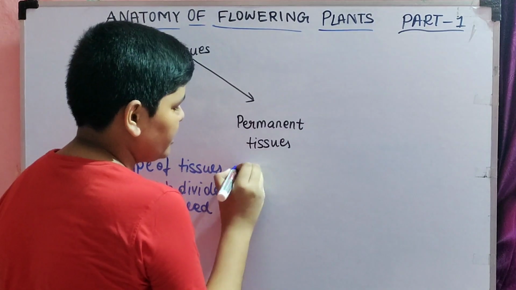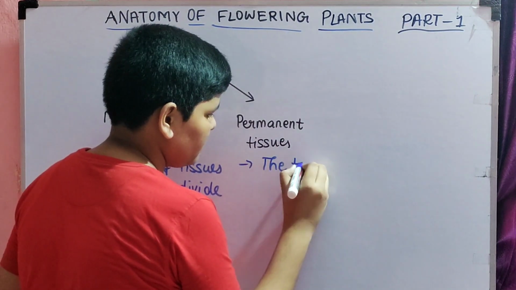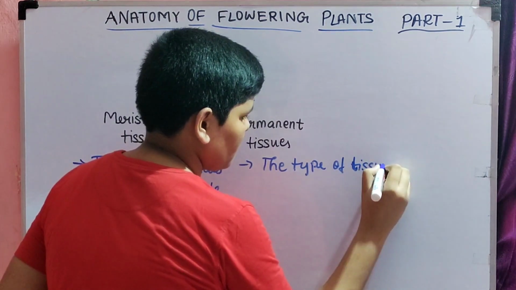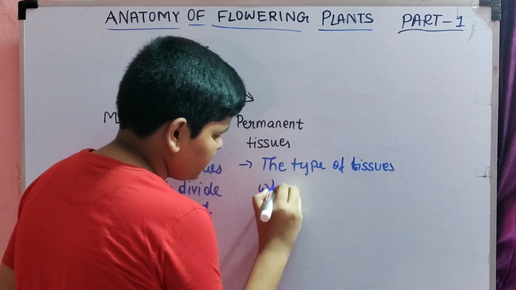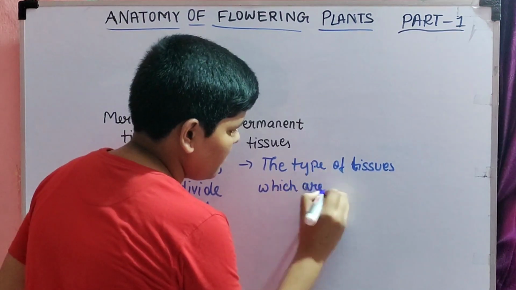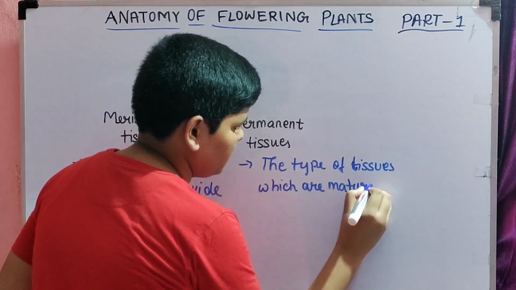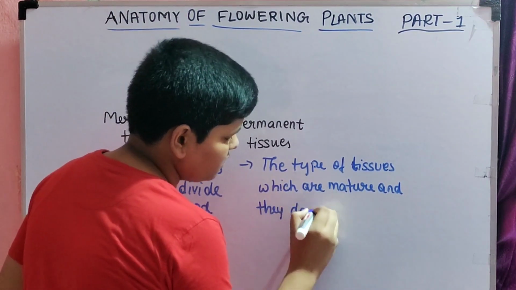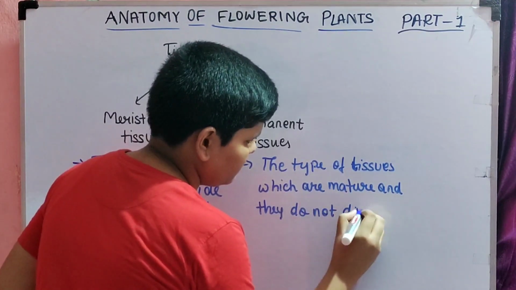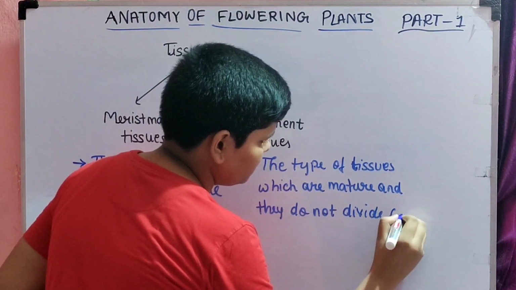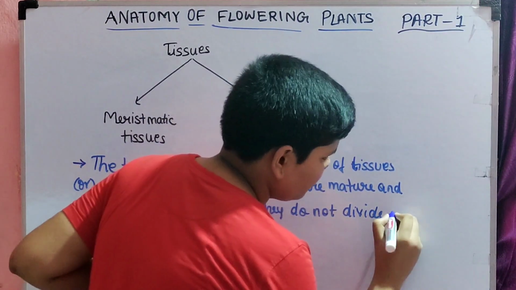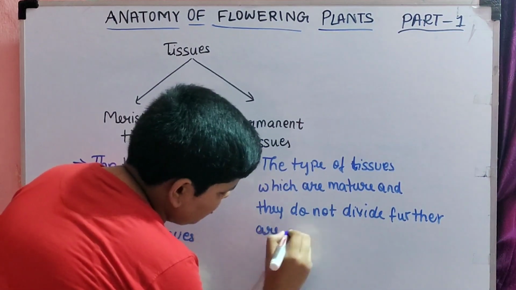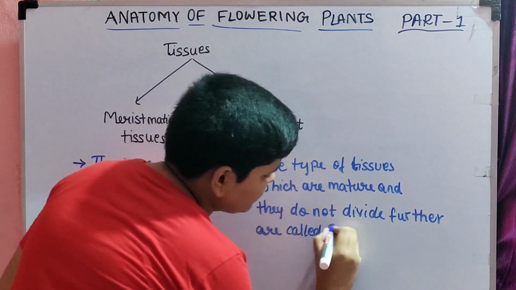Now, what are permanent tissues? The type of tissues which are mature and do not divide further are called permanent tissues.